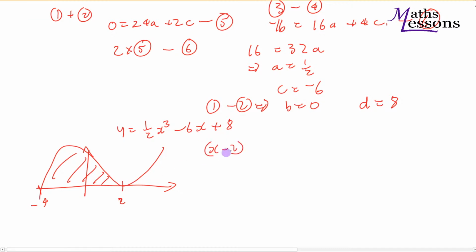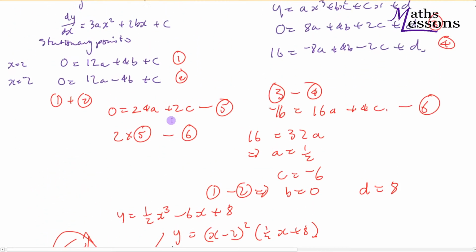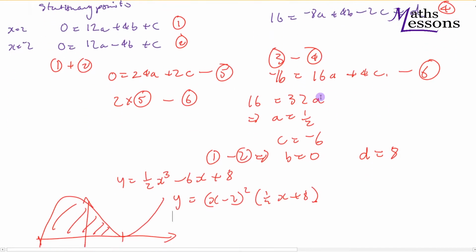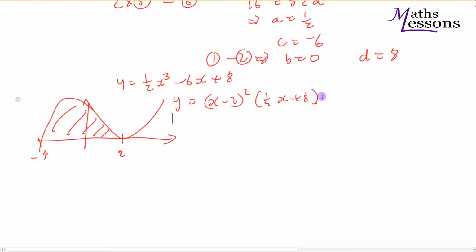Take that out as a factor, and that leaves you a half x plus 8 as the other factor. Then you can show your factorization, then show how you got your graph if it says show detailed reasoning. If it doesn't, just get stuck in, put it into the graph here, and admittedly you could put these 4 simultaneous equations straight into your calculator and get the answers out that way if it doesn't ask for detailed reasoning.